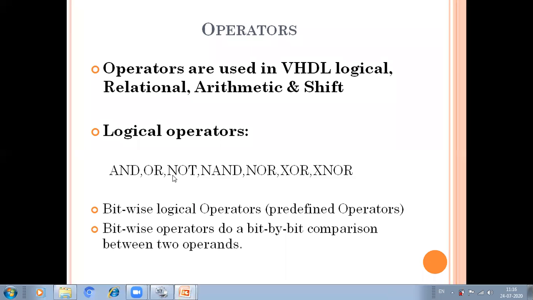How many types of logical operators? There are 7 types, predefined by the names and, or, not, nand, nor, xor, xnor. It is called a bitwise logical operator. Bitwise means it performs the operation bit by bit. Every bit is compared between the two operands to produce the result. That's why it's called a bitwise logical operator. These operators are also called predefined operators.